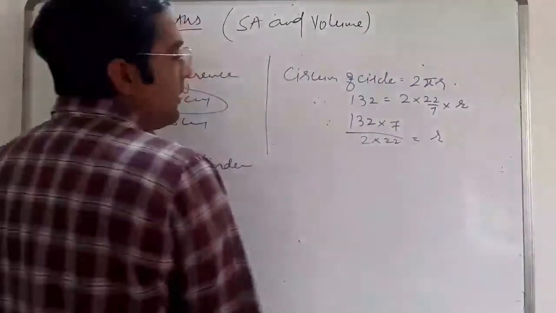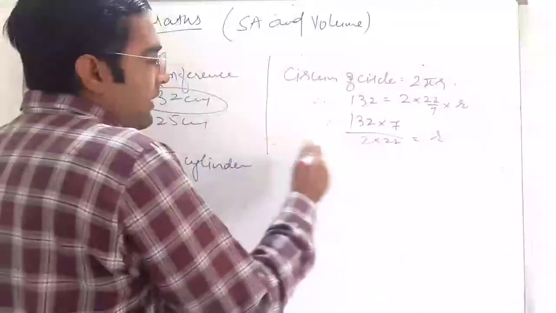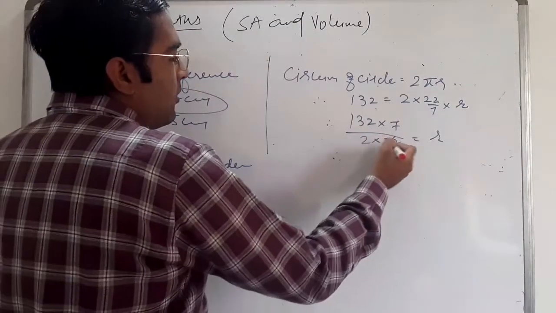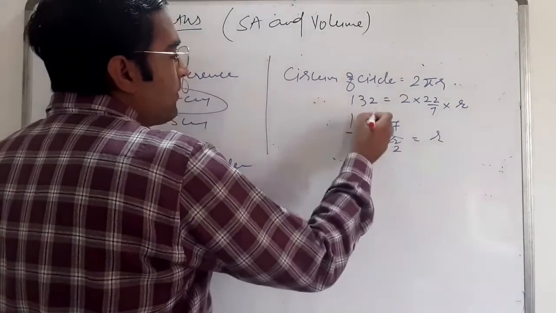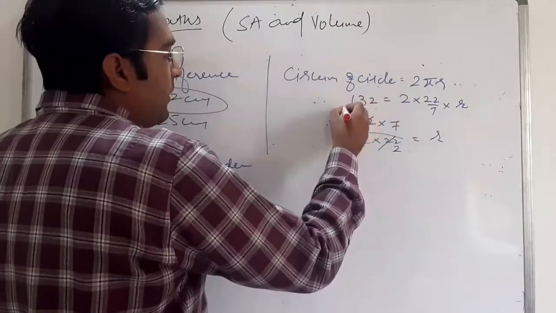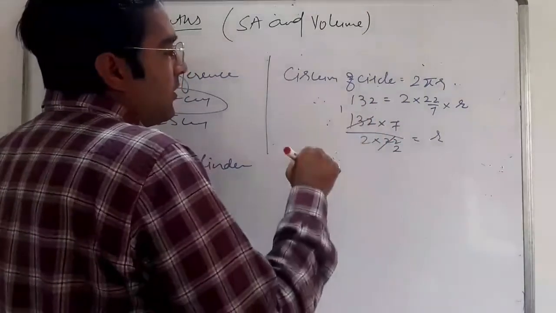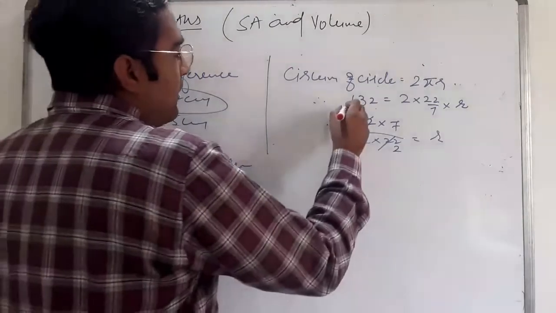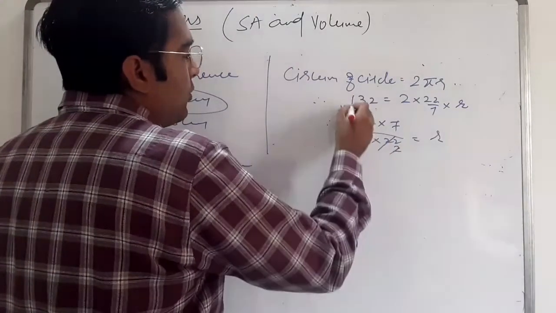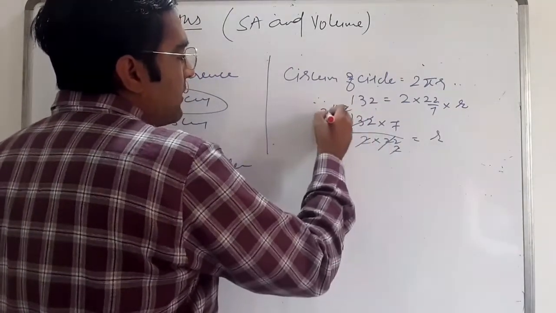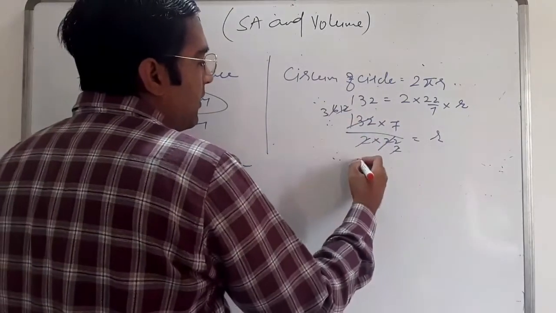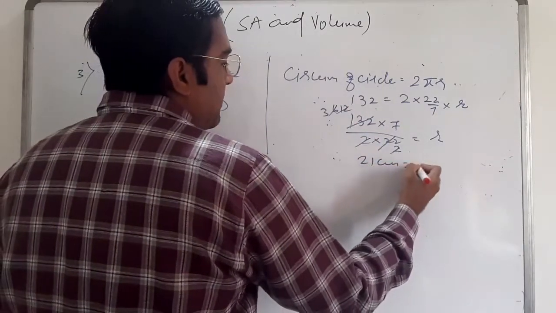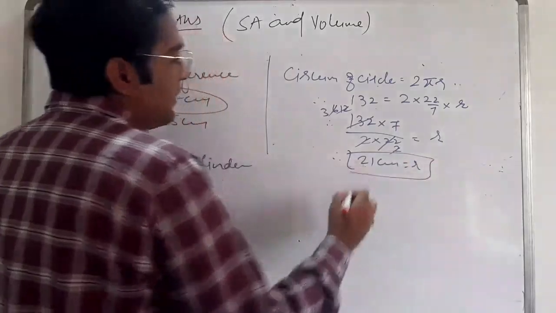Now I'll take cancellation. 11 2s are 22, 2 6s are 12, and 2 3s are 6, that is 7 3s are 21 centimeter. That is my radius of the cylinder.